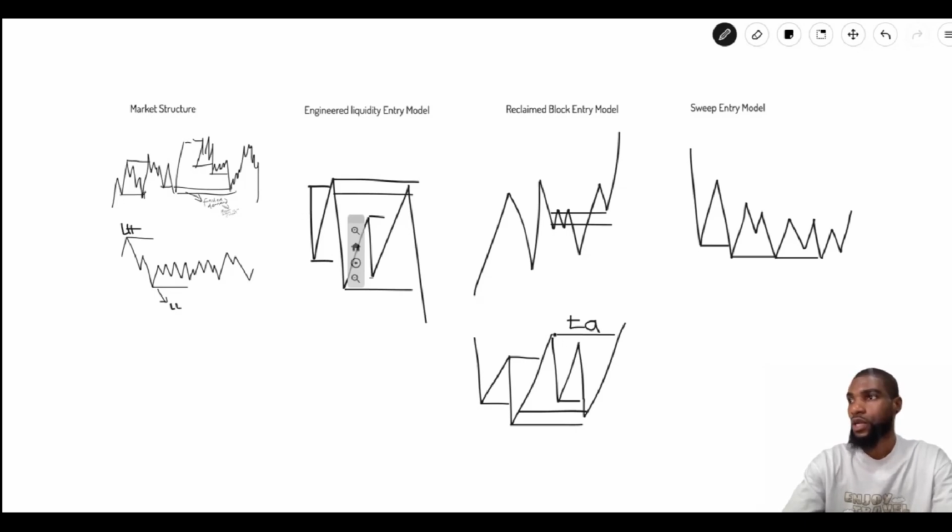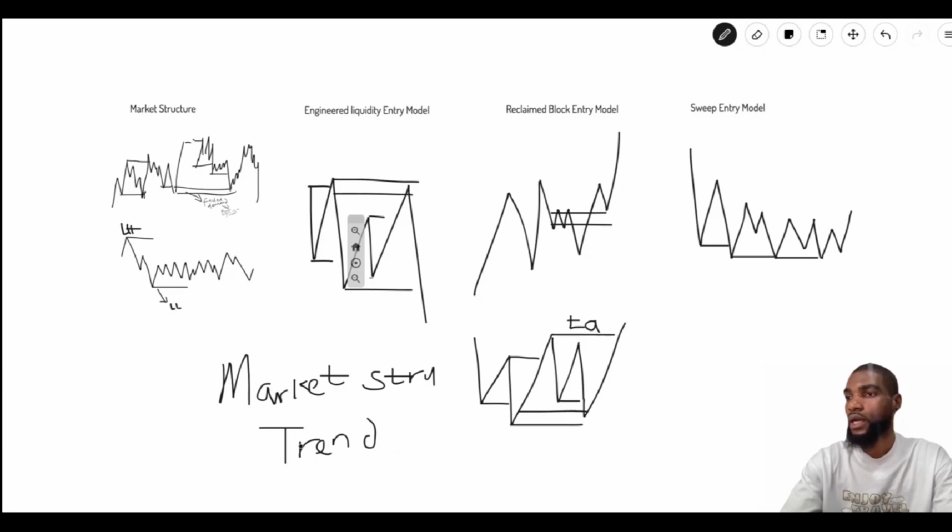First of all, we have to identify the market structure. We have to read market structure to understand what the structure is doing. We also have to identify the trend of that pair. Then after that, we look for where our break of structure is.